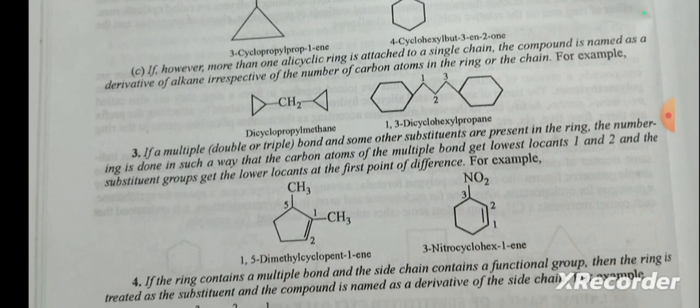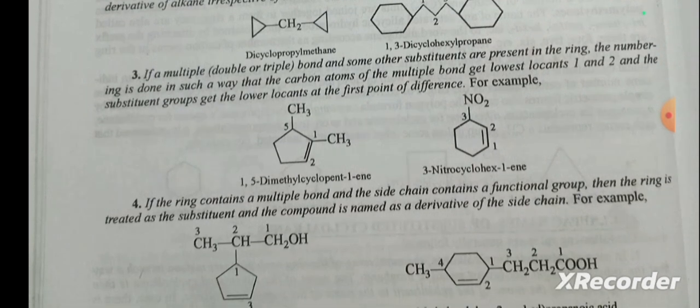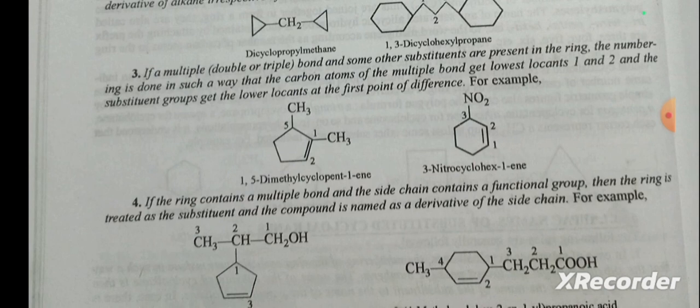C. If, however, more than one alicyclic ring is attached to a single chain, the compound is named as a derivative of alkane irrespective of the number of carbon atoms in the ring or the chain. For example, dicyclopropylmethane, 1,3-dicyclohexylpropane.